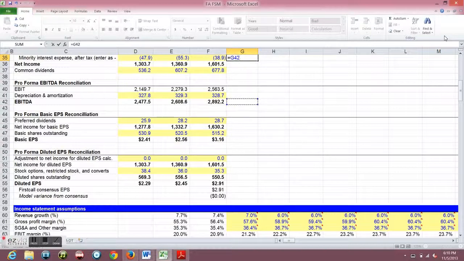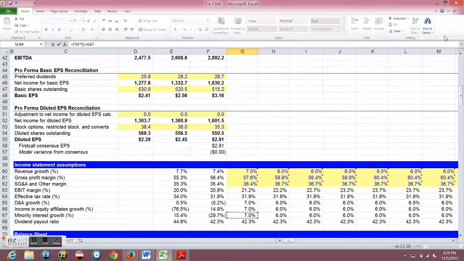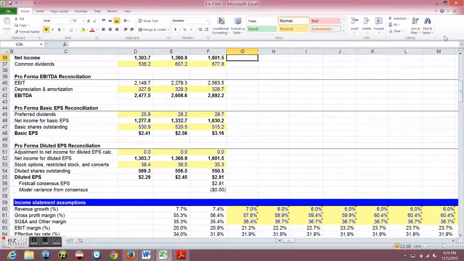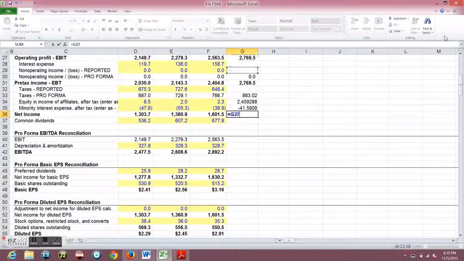We take our previous minority interest, multiply by 1 plus our growth in minority interest, which is 7%. Close it, enter. And then our net income is going to be our pre-tax income minus our taxes, plus our equity income, and then plus, which technically is a minus, our minority interest.